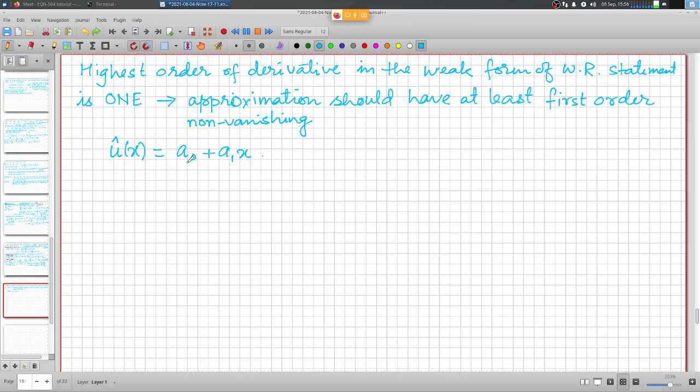A0 will be chosen so as to satisfy the essential boundary condition wherever it is. So in this case A0 has to be 0 because u hat of x should be equal to 0 at x equal to 0. So we need to satisfy that boundary condition, so A0 will be 0 if we apply it. And then this linear function satisfies the boundary condition as well.